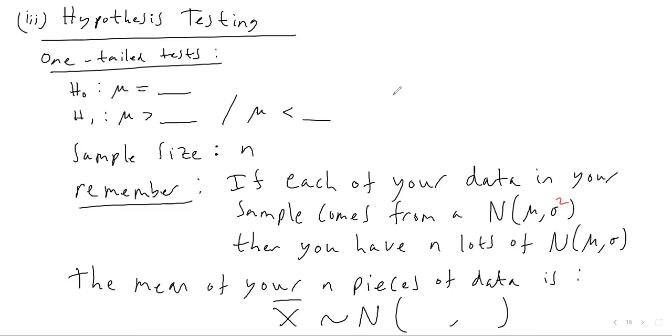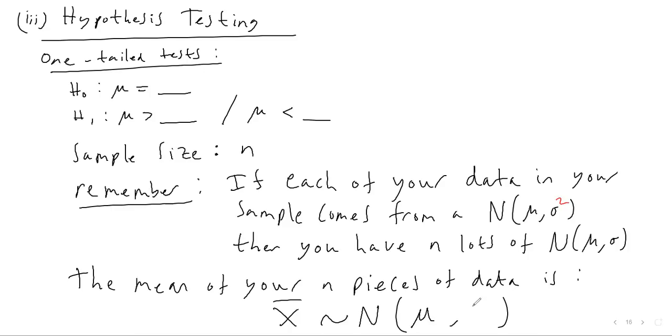So when you calculate the mean, remember with these normal hypothesis tests, we're thinking about the mean of the distribution. So when we take the mean of all of our data, we're actually taking the mean of 100 pieces, or n pieces, of normal distributions. So remember what the distribution of the mean of a set of normal distributions is. It goes like this.